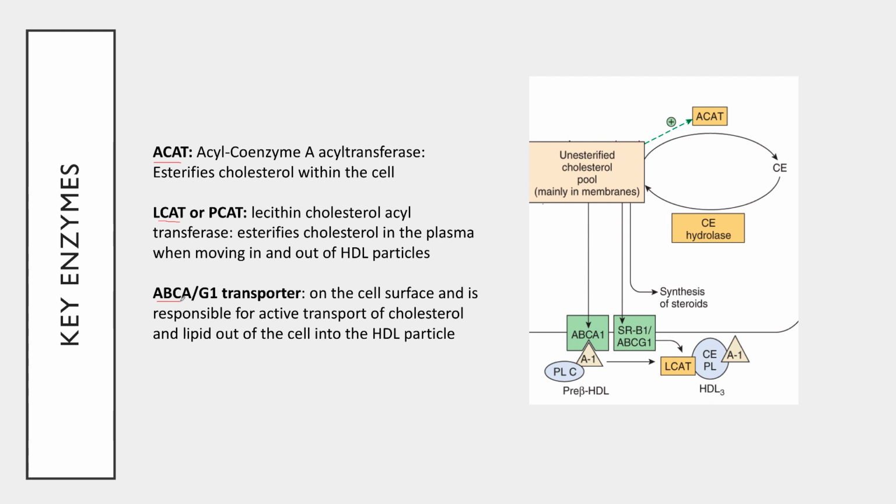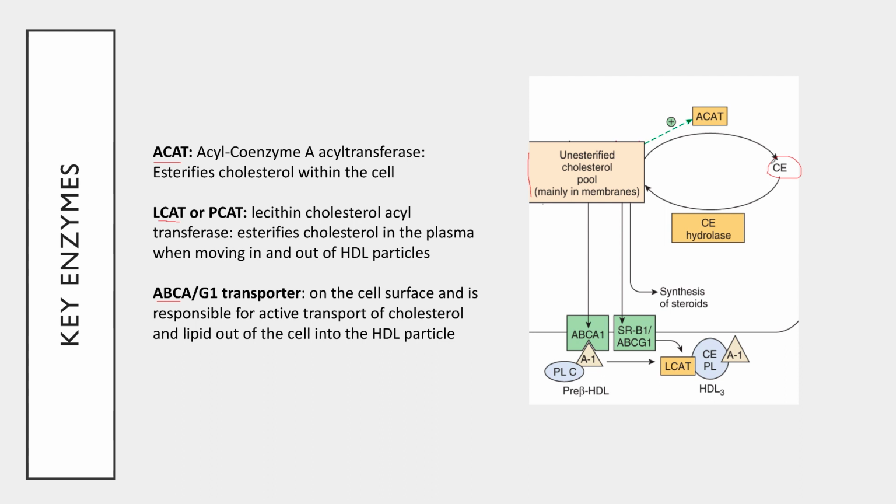Before we discuss the specific enzymes, let's first talk about the pool of cholesterol within the cell. So cholesterol will be found in two major forms: unesterified cholesterol, which is primarily found in cell membranes, and esterified cholesterol, which functions as a storage form. The esterification of cholesterol makes it more hydrophobic, and therefore it will be more readily stored as lipid droplets.